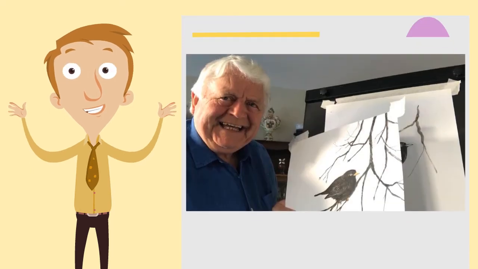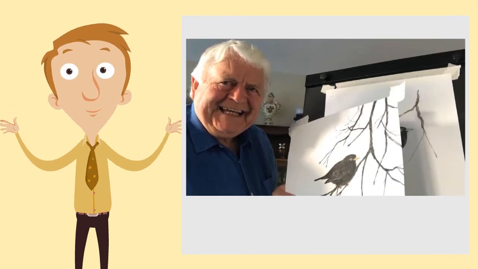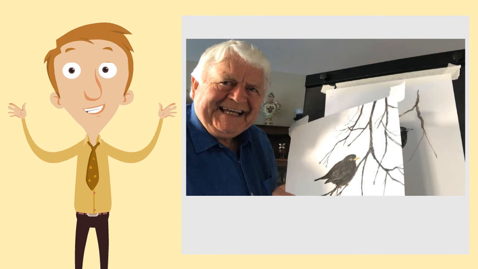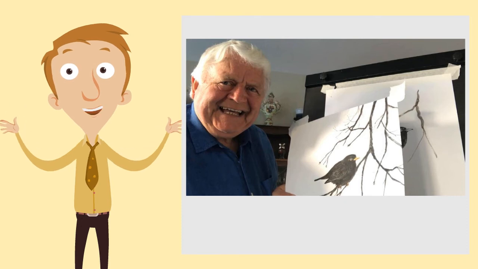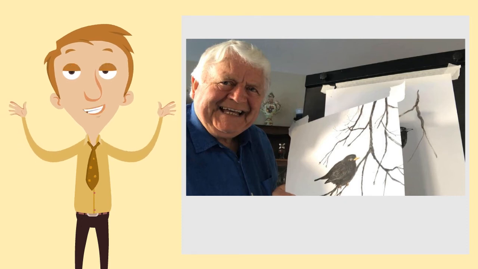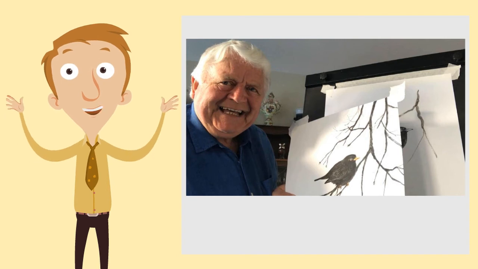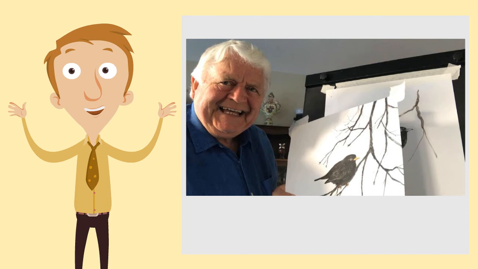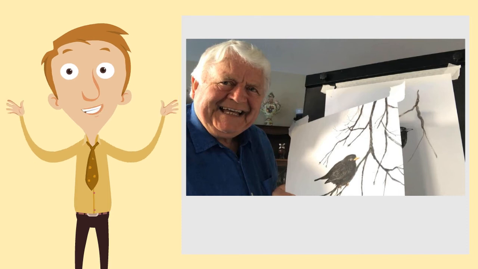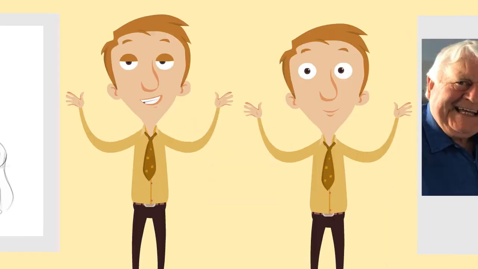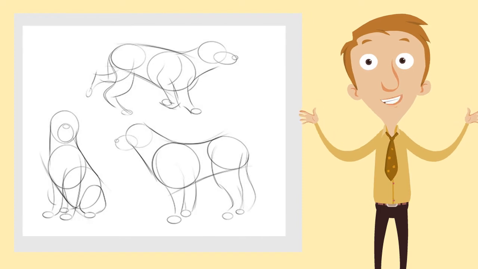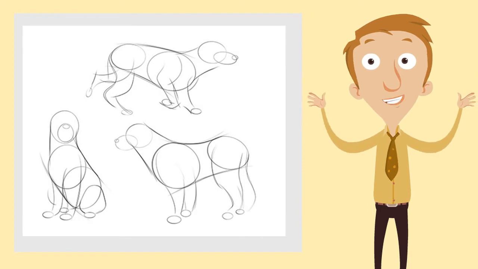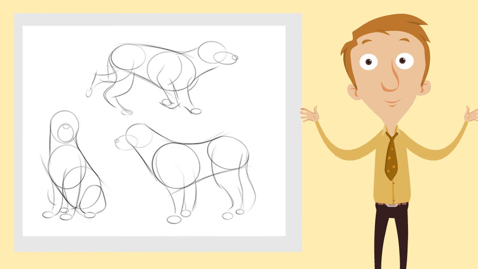One Irish artist who is excellent at showing us these steps is Don Conroy. Don spent his life teaching young people how to draw complicated pictures step by step. He always starts with basic shapes like circles and squares and then adds the detail afterwards.